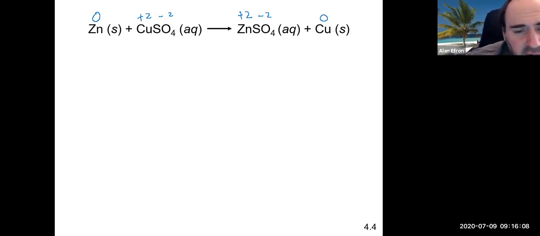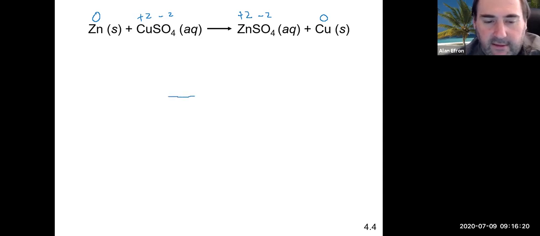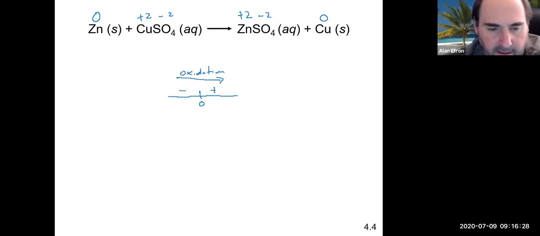Now again, if you're not sure what's going on, you could use that number line to determine. What you will see is more positive is oxidation and reduction is heading this way.